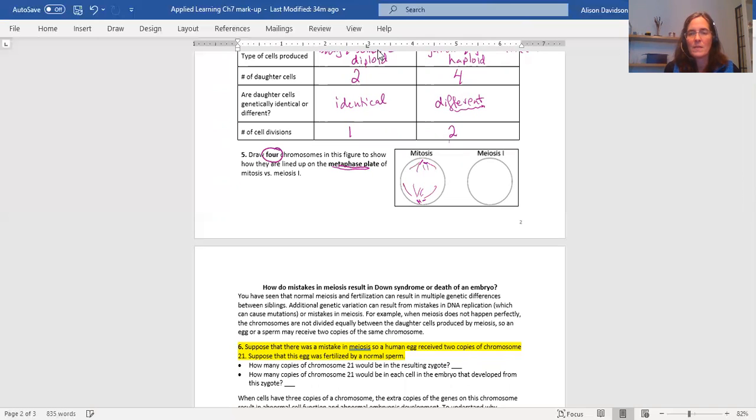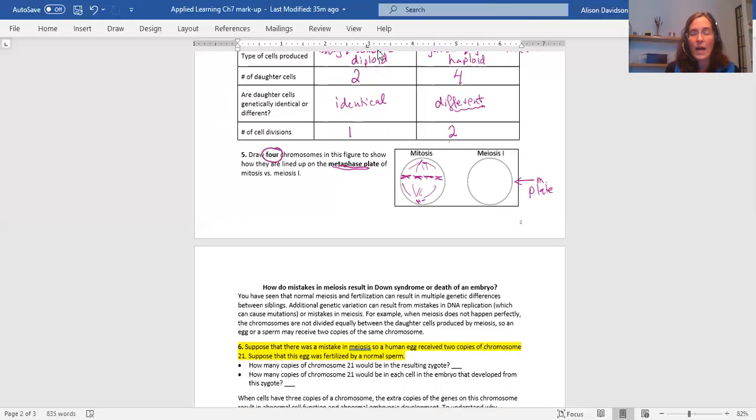So I'm basically going to have this as the line of my metaphase plate. So here I want to put 4 chromosomes in. So here's chromosome 1, but remember it's still in duplicated state at this point in time. So here we have 1, 2, 3, and 4 chromosomes all in duplicated state.